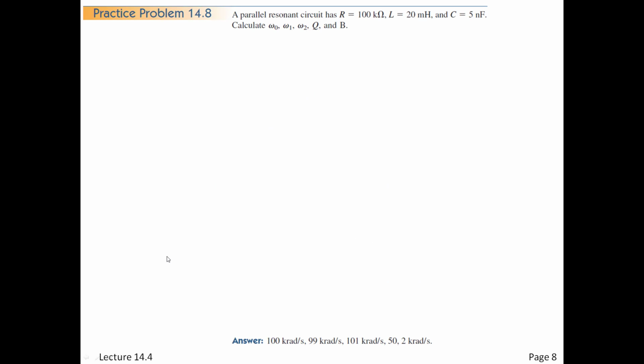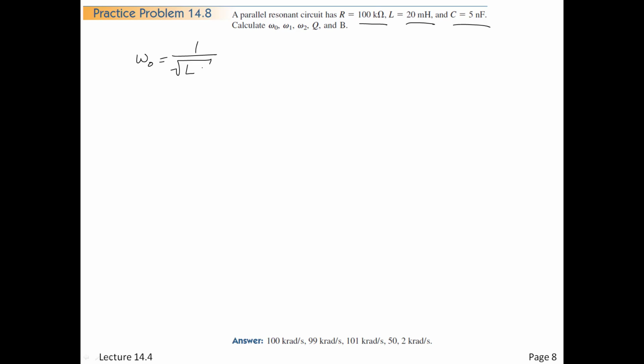Okay, let's do a couple of practice problems here that are always good to illustrate. This one is really pretty straightforward, kind of a plug and chug sort of thing. You have a parallel resonant circuit. Here are the R's, L's, and C's. Just find all the omegas, the Q, and the beta. So omega 0, we've said this. In fact, you could use the chart from the previous slide to put all of these in.